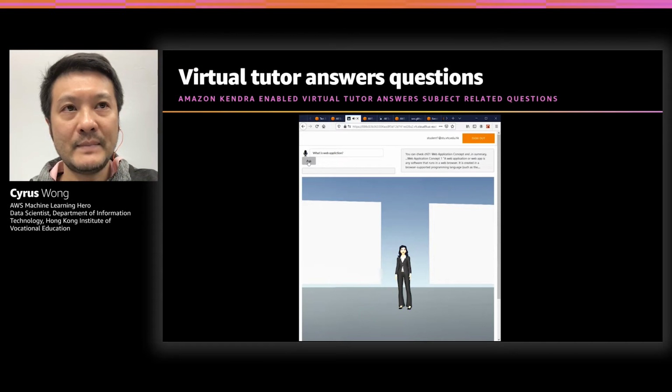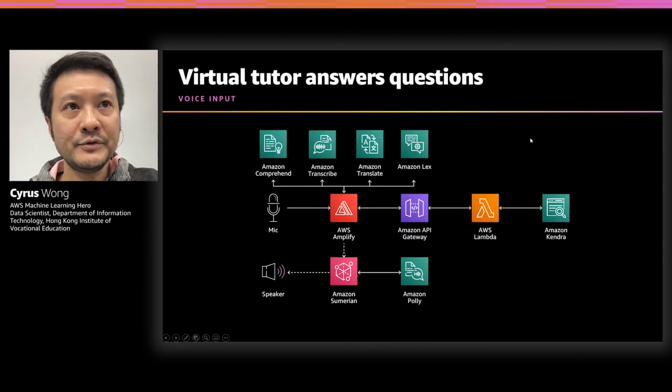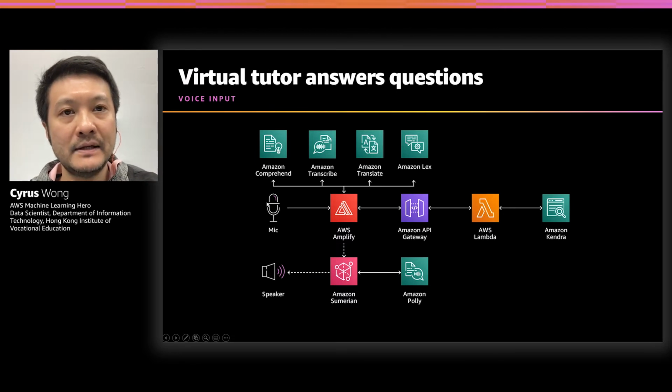Okay, let me explain the architecture. For the virtual tutor answer question feature, we support voice input and also text input. For voice input, students need to click on the mic button and then talk to the virtual tutor directly through the browser.